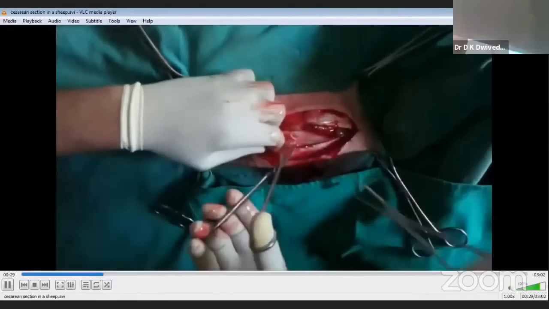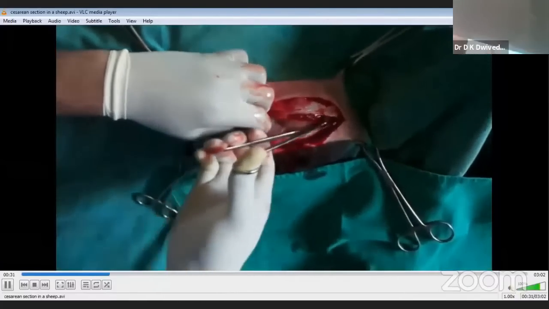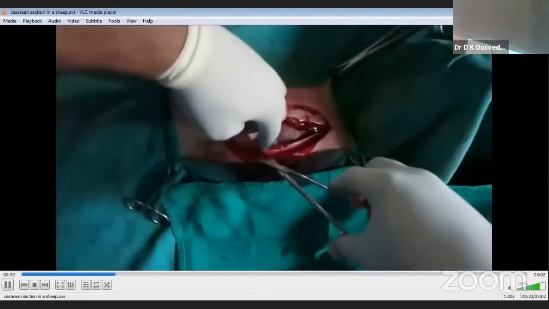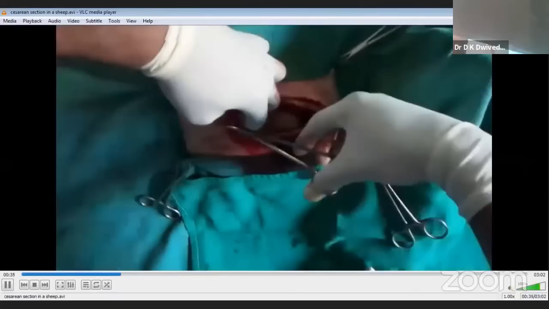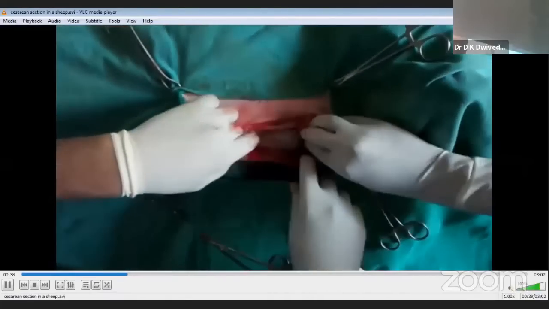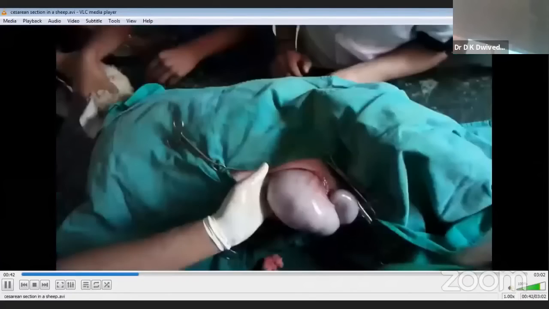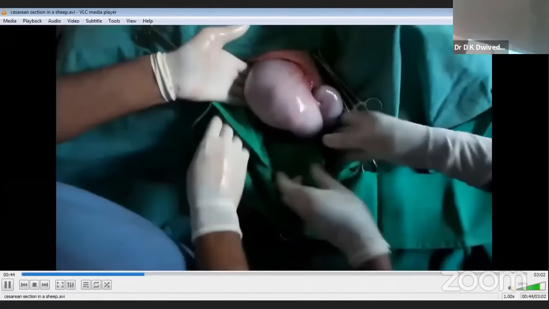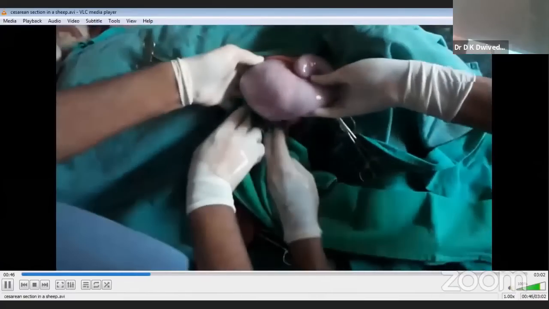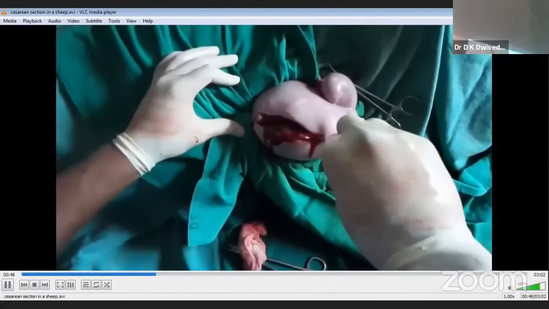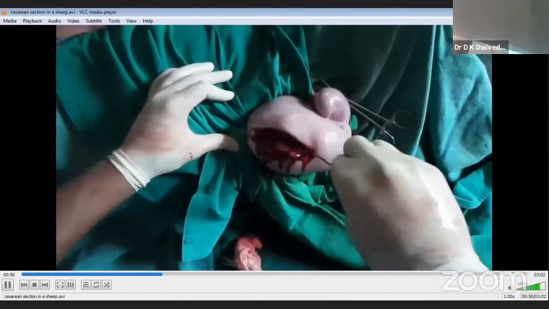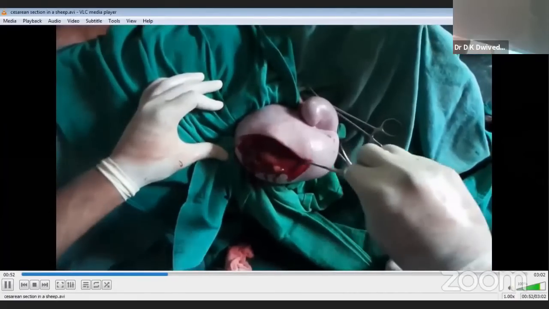Then this is the opening of the peritoneum. Now this is the incision over the gravid uterus on the greater curvature.